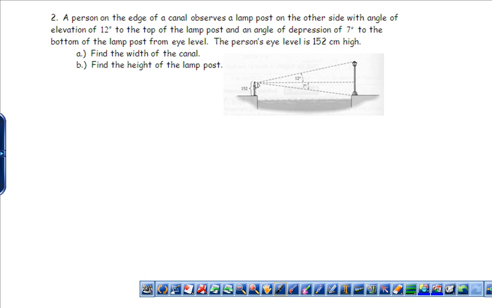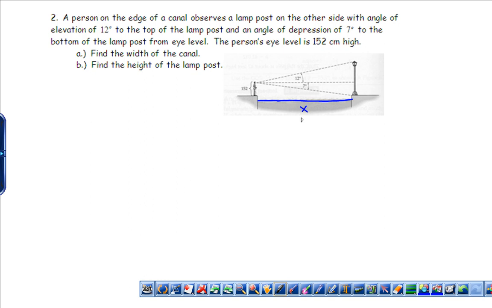So remember, elevation is out and then up, and then depression is out and then down, to the bottom of the lamppost. The person's eye level is 152 centimeters, so the person is 152 centimeters tall. Find the width of the canal. So we want to know how long this is right here. This is our unknown that we're looking for.